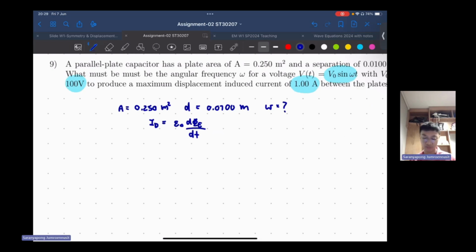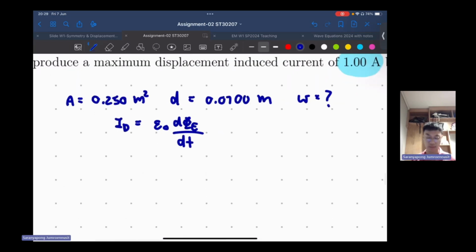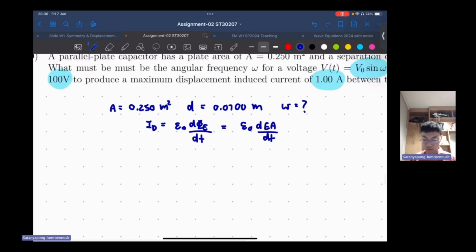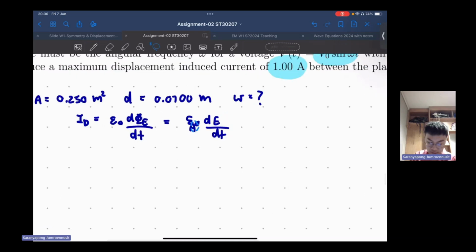Since we don't know the electric flux, we can transform it into other variables. We know that electric flux is equal to electric field multiplied by the area. So we substitute it into this equation. And since the area is a constant, we pull it out of the differentiation.